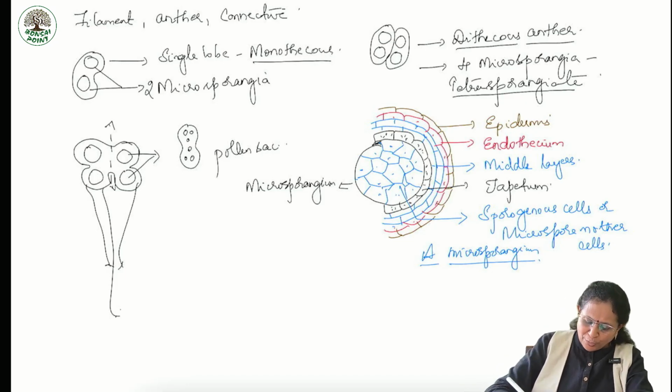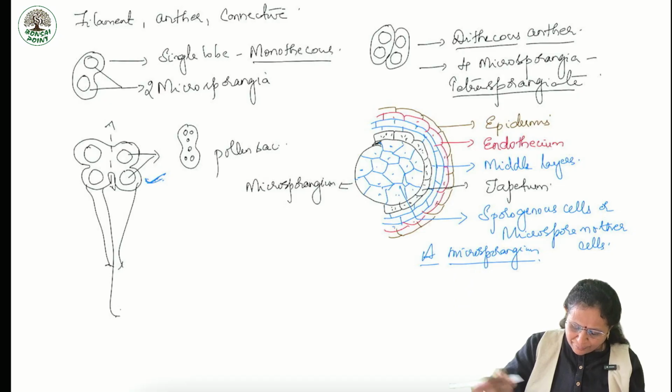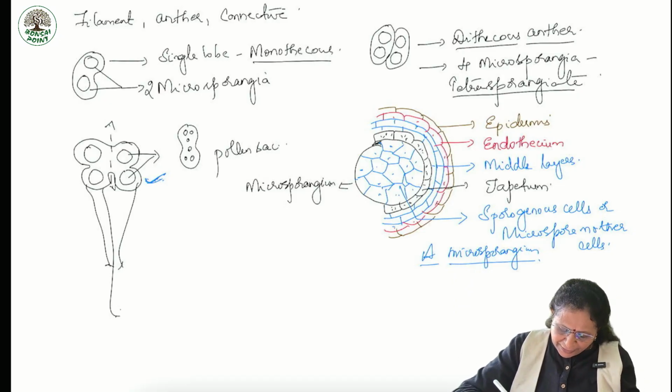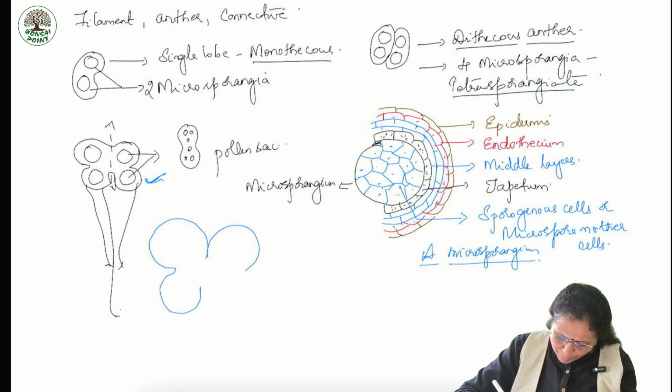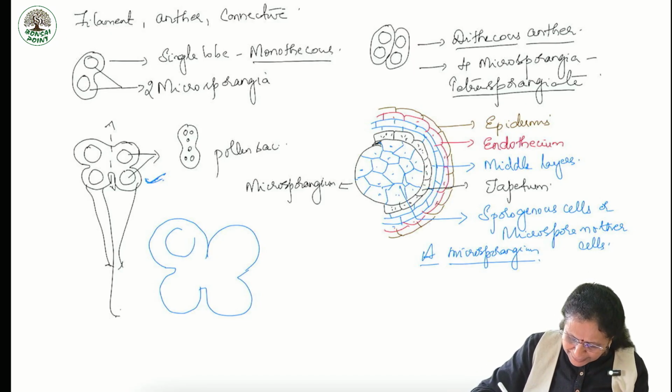Let me show you the enlarged diagram of this TS. Okay, this one. Have a look at this here. I am marking. How does it appear? It shows 2 bag-like structures. This is the TS of a dithecous anther showing 4 microsporangia.